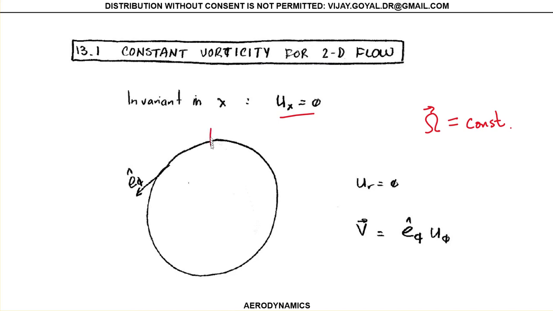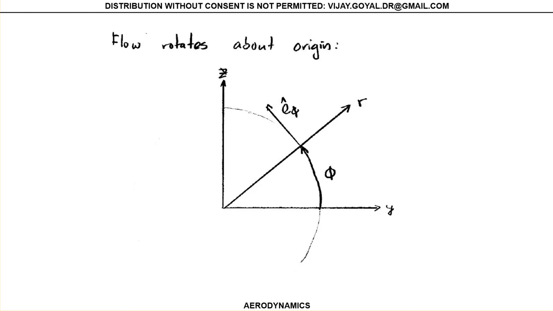So in other words, what I'm going to really have in this problem is r and phi, nothing else. Everything inboard, outboard will be 0. Okay, so now I move on. The flow rotates about the origin.